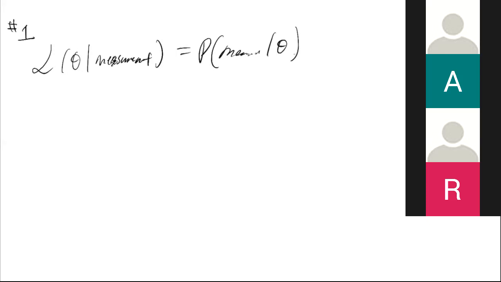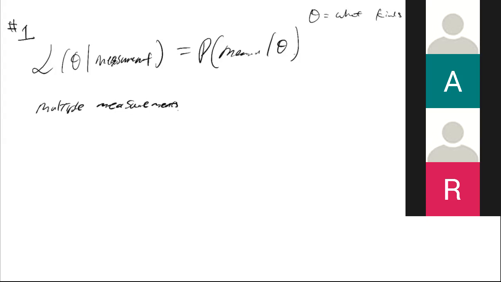In this case, theta is what kind of die. And then we can calculate the probability. The only difference between this and the previous discussion's problem is that we have multiple measurements.